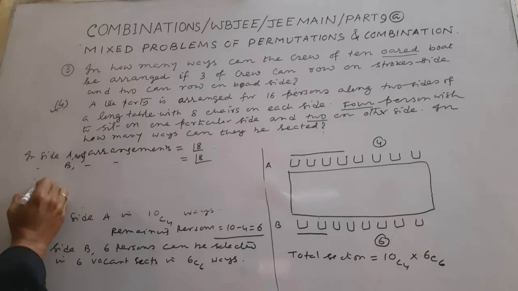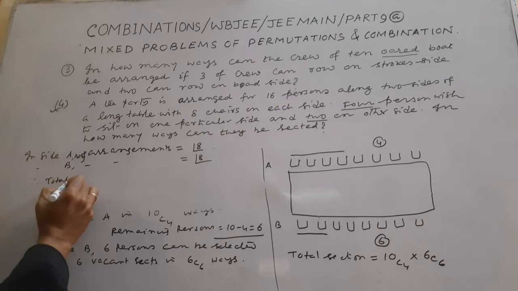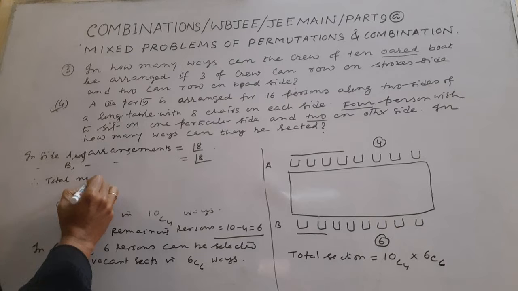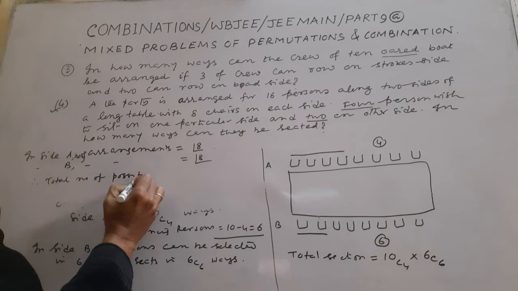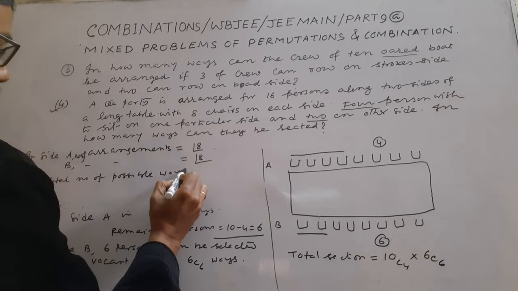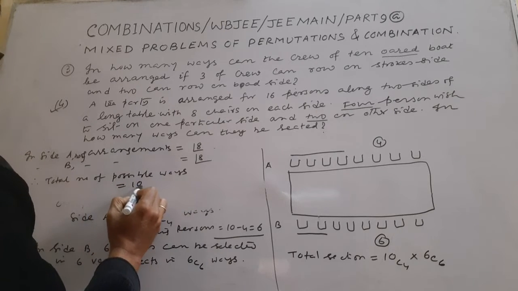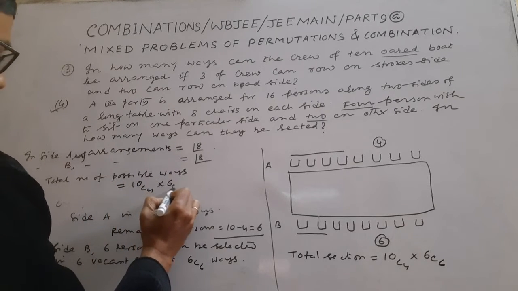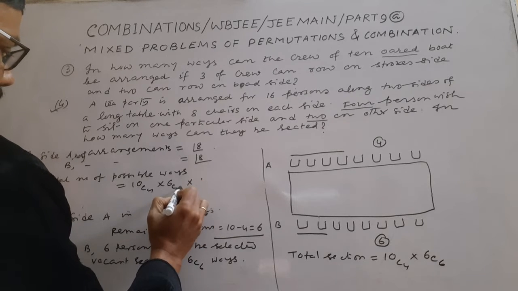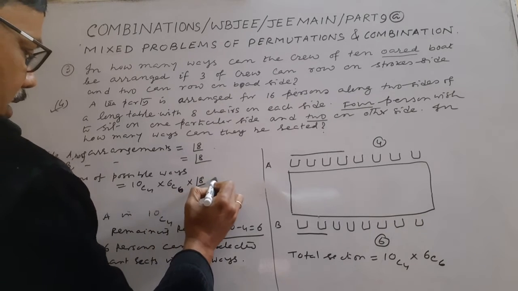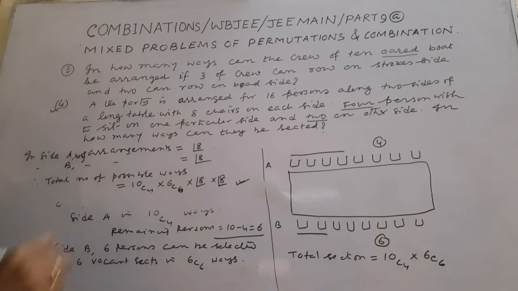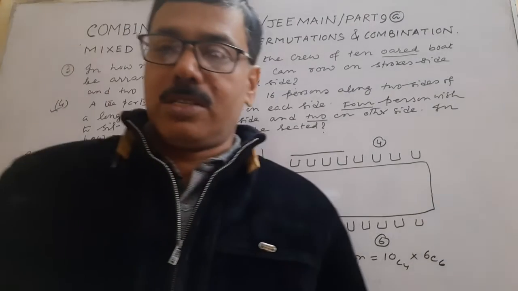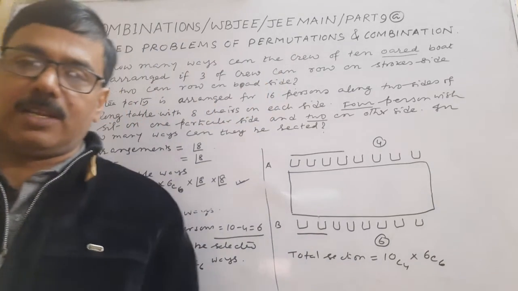Therefore, total number of possible ways equals 10C4 into 6C6 into factorial 8 into factorial 8. This will be total number of possible ways of their seating arrangements.